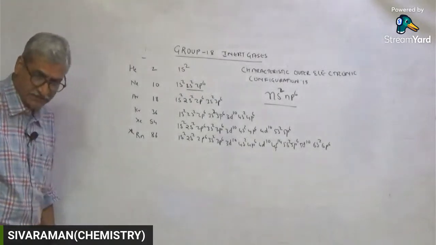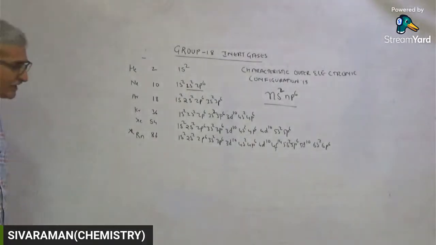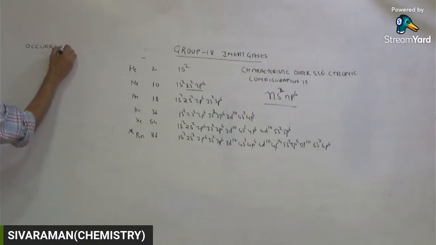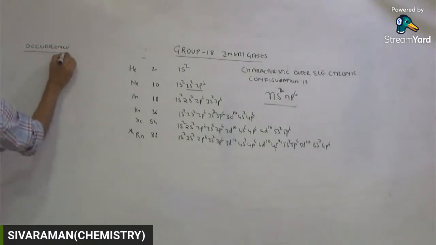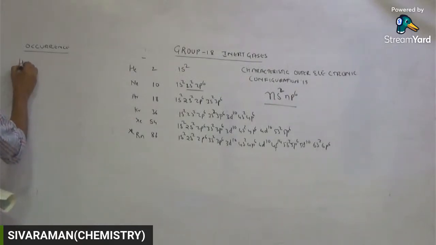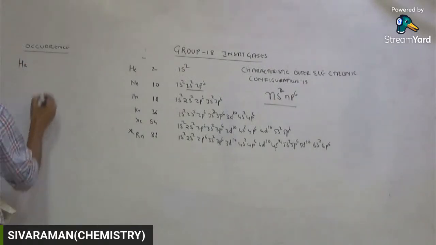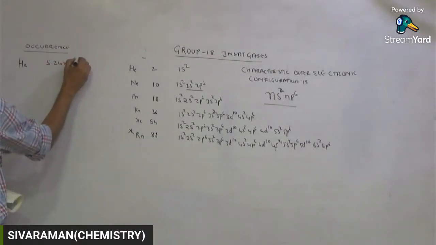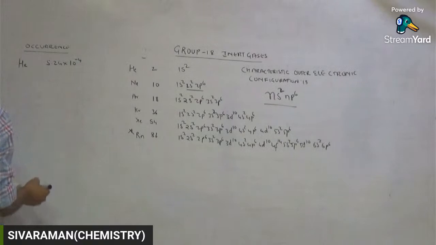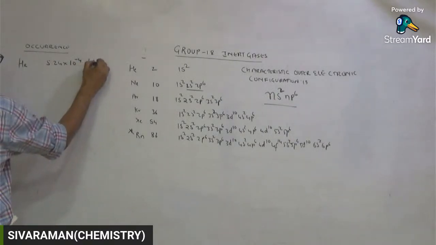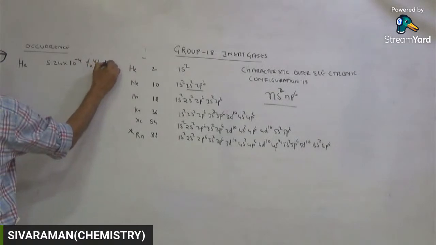Now we come to occurrence. There can be a factual question on this. When we talk of occurrence, helium is 5.24 into 10 raised to minus 4 percent by volume in the atmosphere.